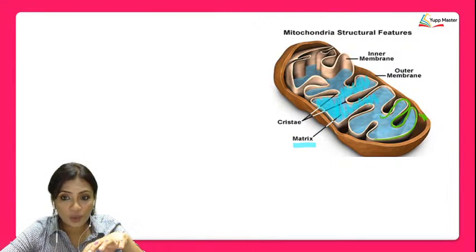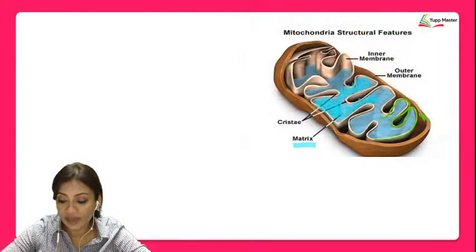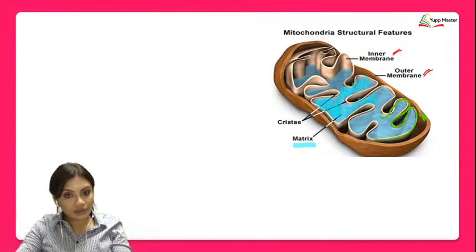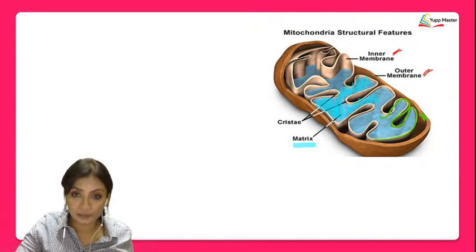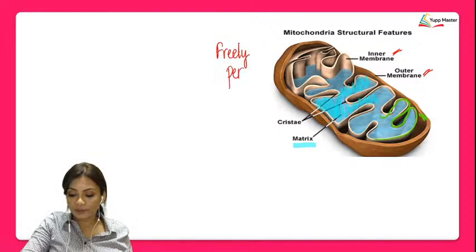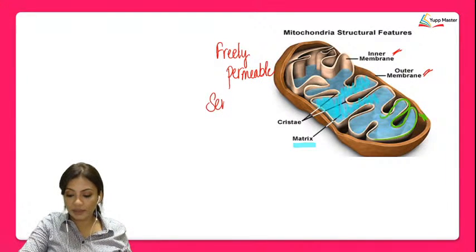Also, one important thing, the major difference between the outer membrane and the inner membrane is that the outer membrane is freely permeable, and the inner membrane is rather semi-permeable.